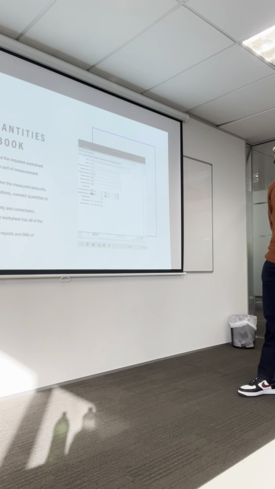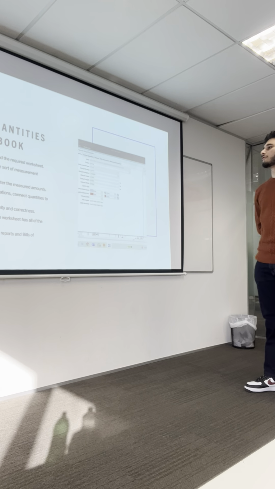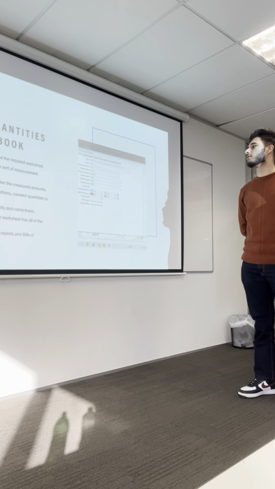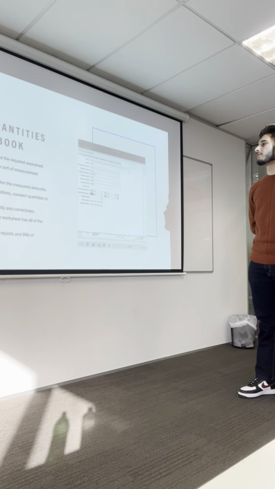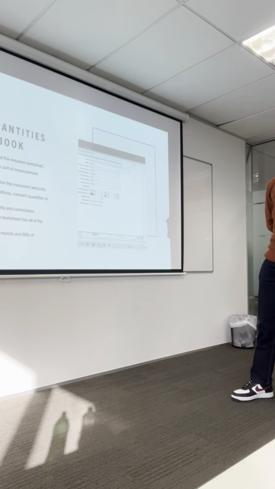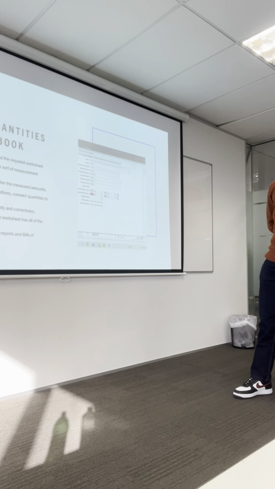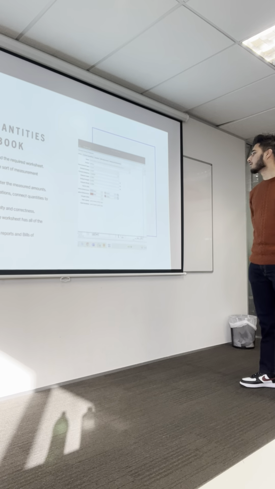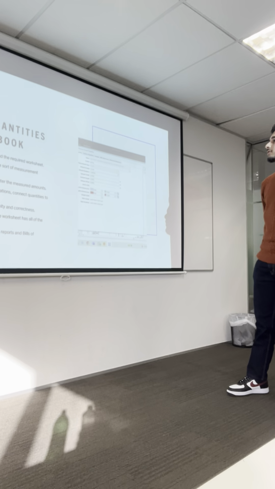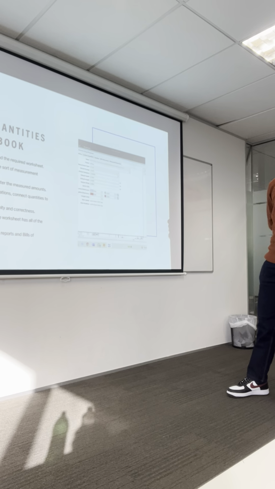The next is inserting quantities to the workbook. First of all, open Costex and find the required worksheet, and next decide on a measurement, selecting the sort of measurement: volume, areas and so on. Next is quantities input. For every item, enter the measured amounts in the count, in the length and the different amounts in different pictures.